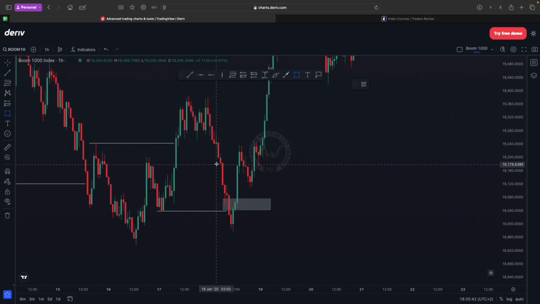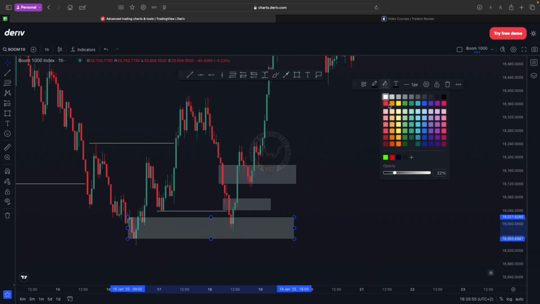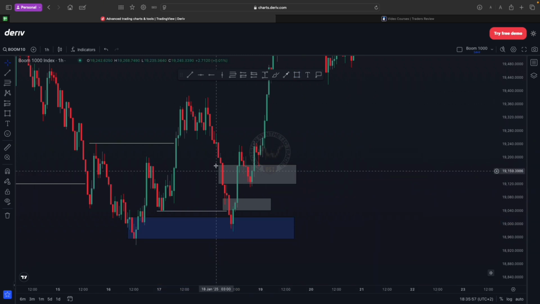As you can see, price took our liquidity, and it also respected our nice order block here, took liquidity, had a push up.